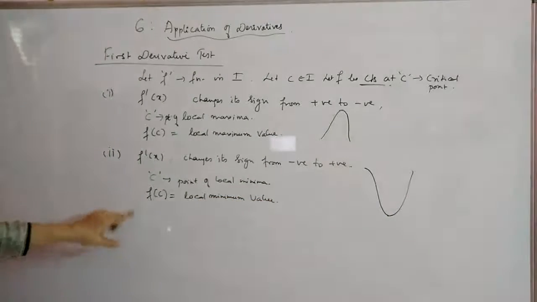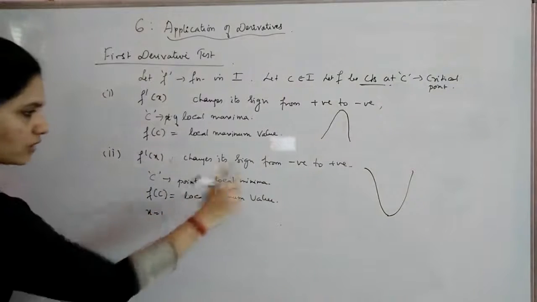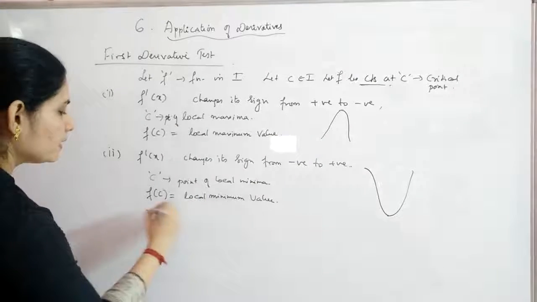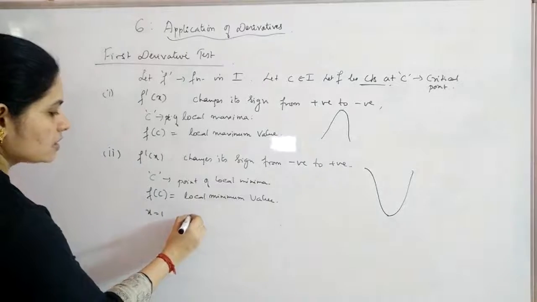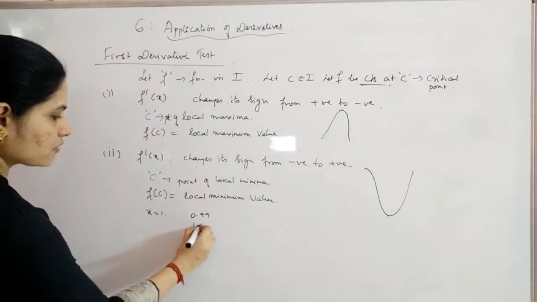Understood? Again, for the same case, if we are checking for x equal to suppose 1, you got two values, 0 and 1. You are checking for 1, and you are taking a number less than 1, say 0.99, and greater than 1, you are choosing 1.1.